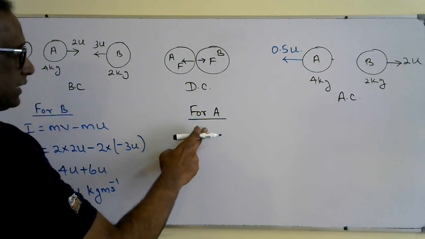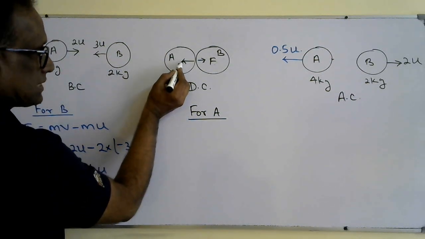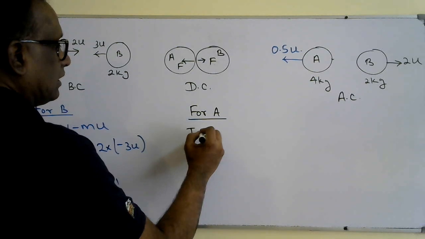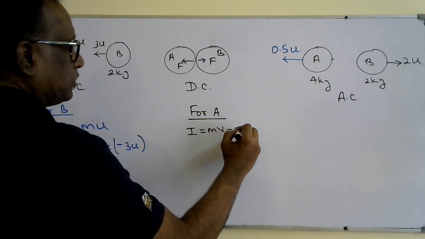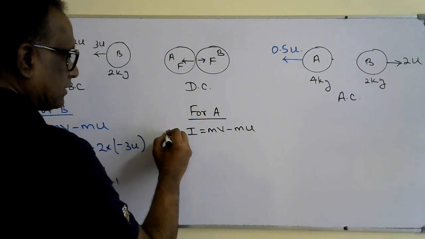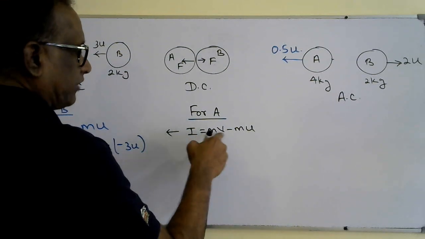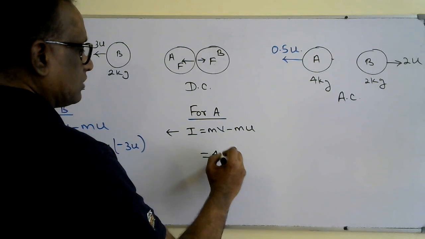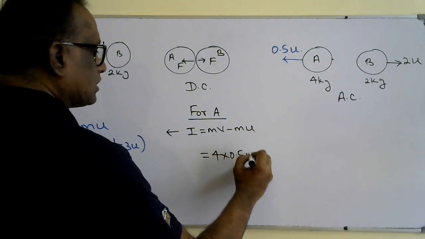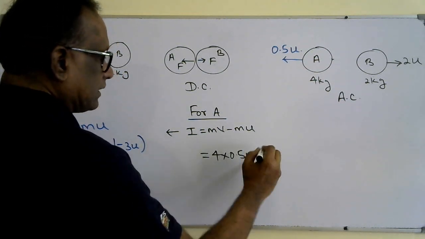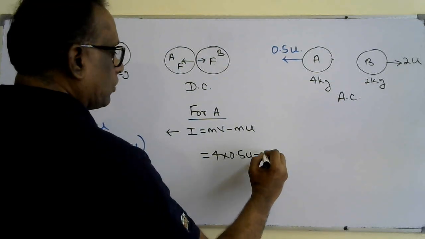For A, the impulse experienced by A is towards left. So I equals mv minus mu, and I'm going to use towards left as positive. The mass of A is 4 kilogram. The final velocity is towards left, into 0.5u. This minus sign comes here. Mass is 4 kilogram.